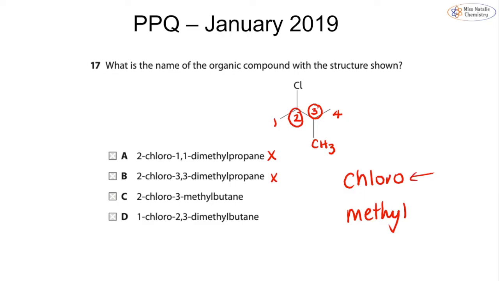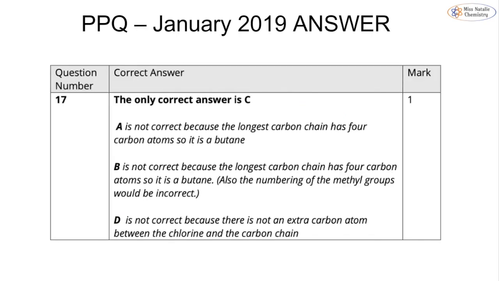Well, the one that's going to come first is the chloro, and we can see that in our names here. And we have one methyl group. Well, if we look at D, we can see it says dimethyl, so we can automatically get rid of that, leaving us with the answer of C. So this is 2-chloro, 3-methyl butane. And there you can see our answer is C, and it gives us some explanation as to why the others are not correct.